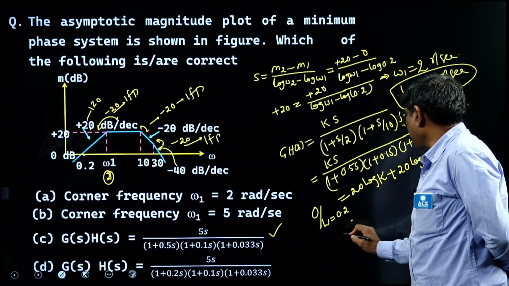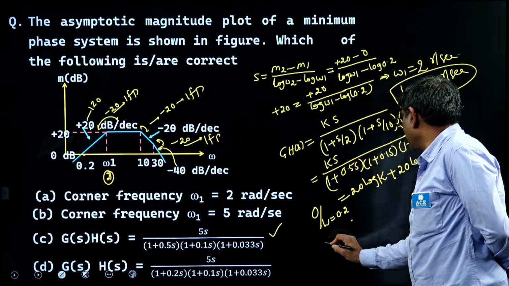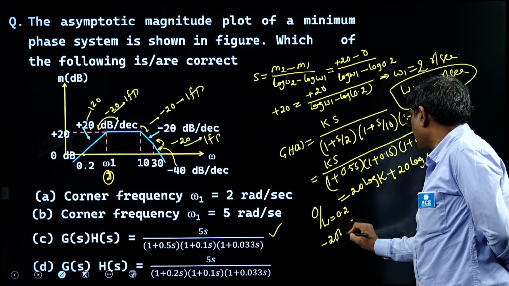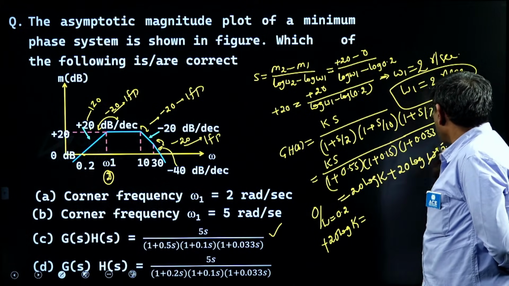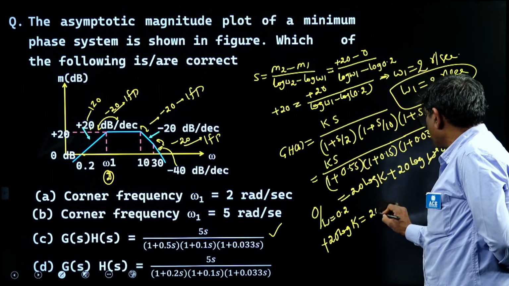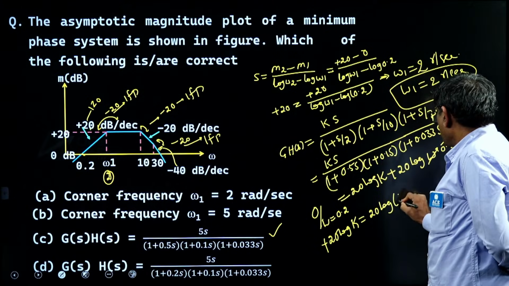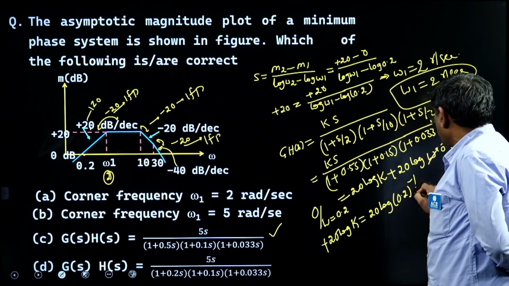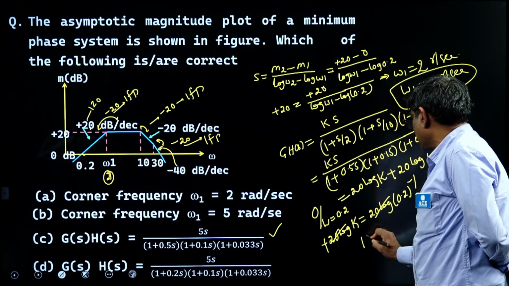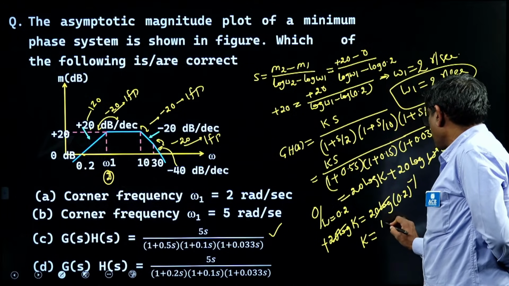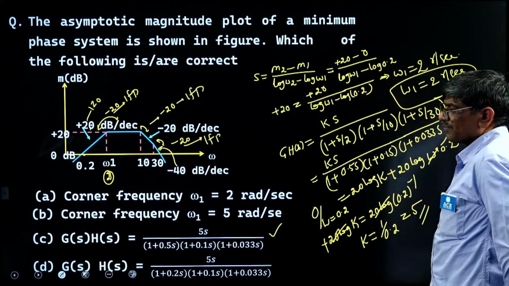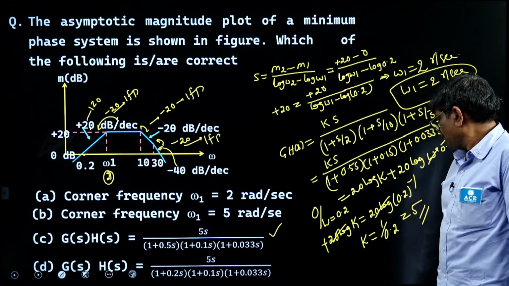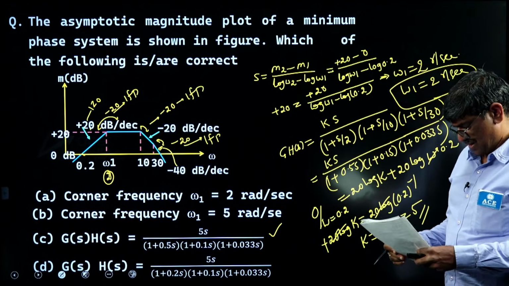Get the value of K. So I can write minus 20 log K equals 20 log 0.2, whole power minus 1. 20 log cancels. K equals 1 by 0.2, which is nothing but 5. So K is 5.